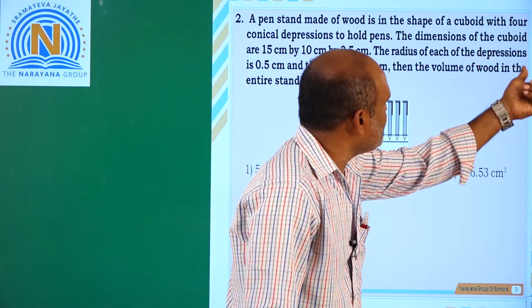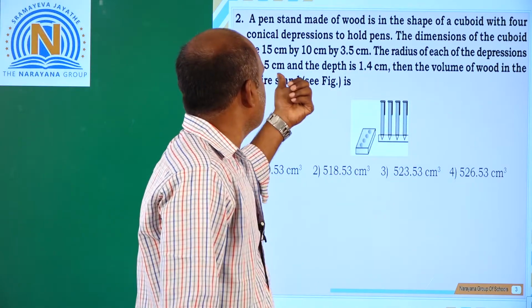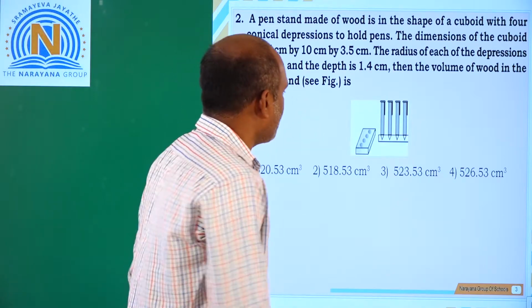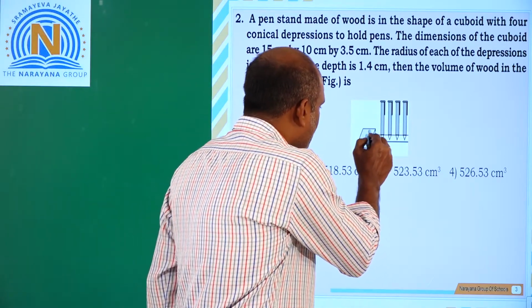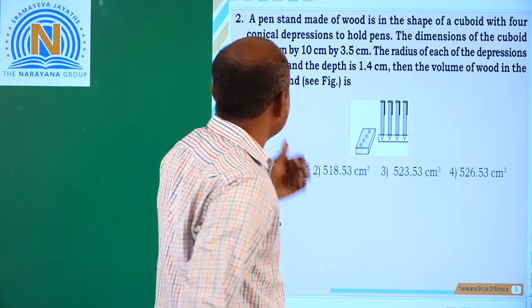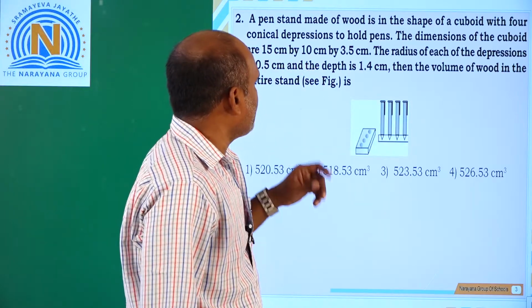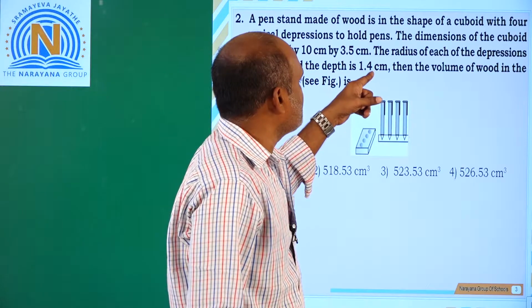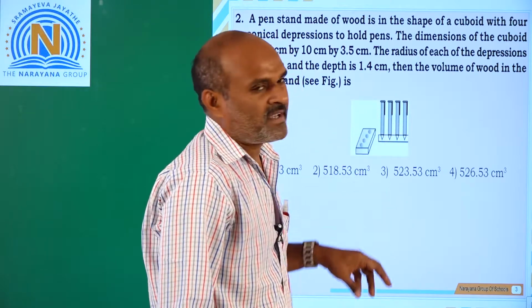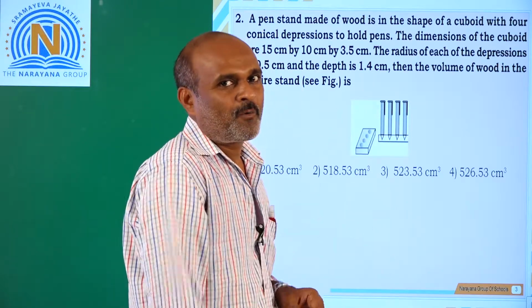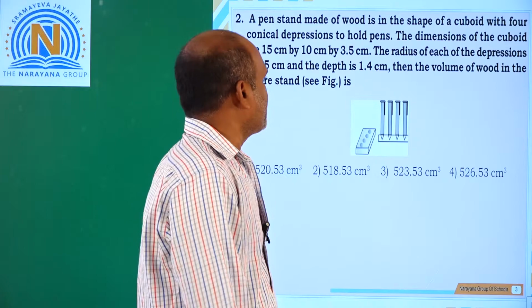The radius of each depression, the conical base of these holes, is 0.5 centimeters, and the depth is 1.4 centimeters, meaning the height of the cone is 1.4 centimeters.